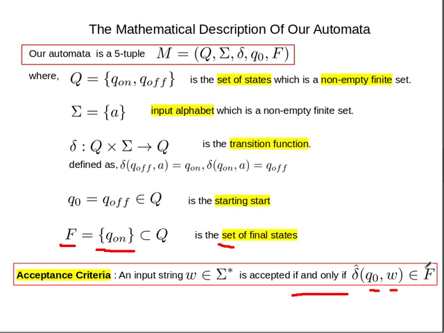So this is telling that the state that you reach after processing W has to be a final state. This is the set of all final states, so this has to be one of them. But in this particular example, again I am telling this repeatedly, since it's a singleton, it has to be just this thing, but in general there can be more than one final state. So this should be a proper way to express that.